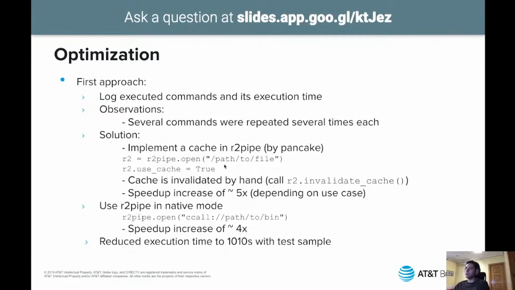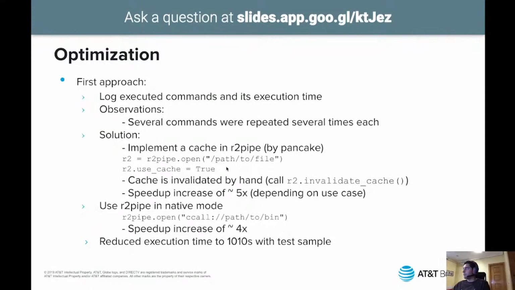It has a Python dictionary, and if a command has already been executed, it returns the result from this Python dictionary, and if it has not been executed, then it issues it normally.